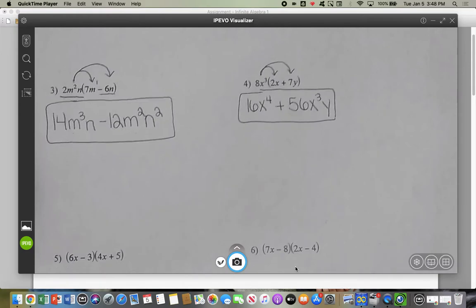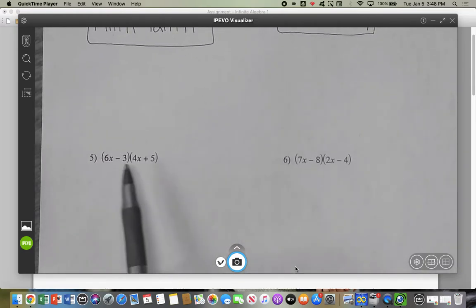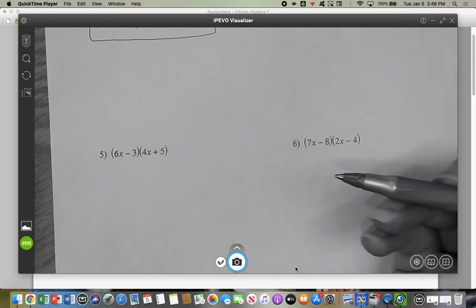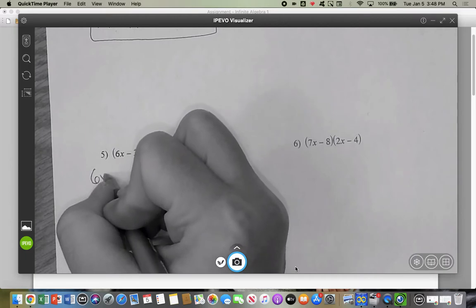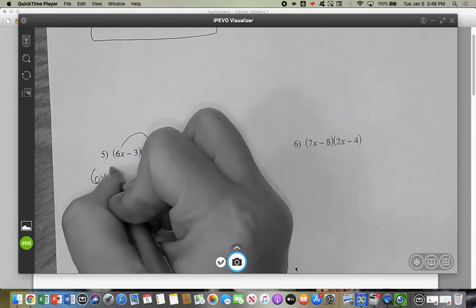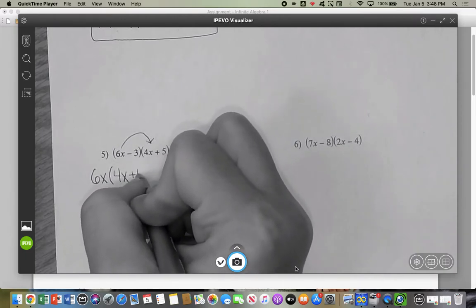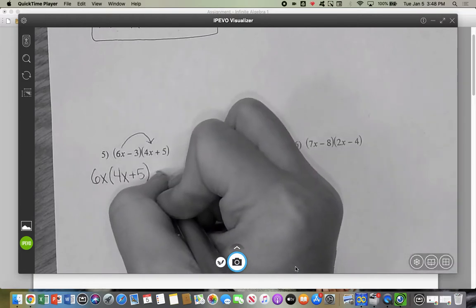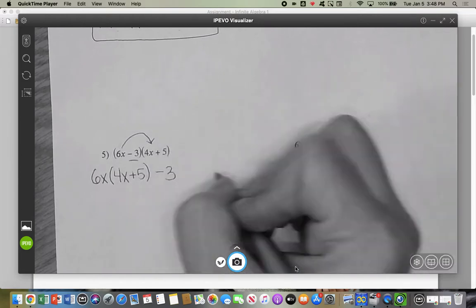Now on these last 2 examples, we actually have 2 terms in front of the parentheses. So what we are going to do is we are going to distribute the 6x first to the 4x plus 5. Then I'm going to distribute the negative 3. That's my second part.